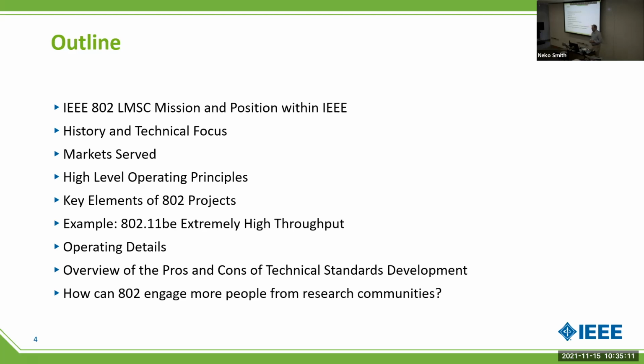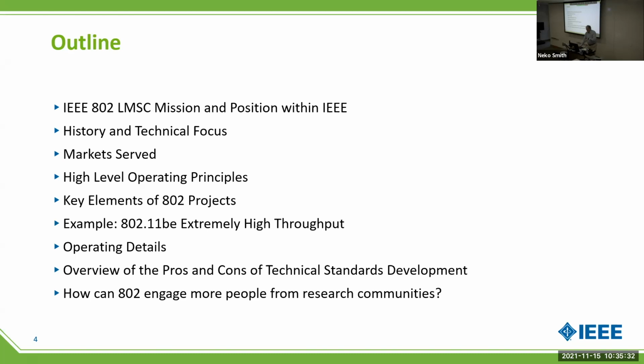802 has been a very successful standardization activity over the last 40 years, and there are a few good reasons for it. And then I use as an example the 802.11be extremely high throughput project as a demonstration of how those principles were applied.